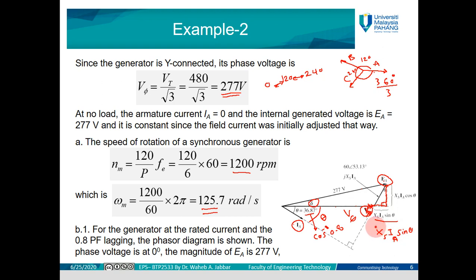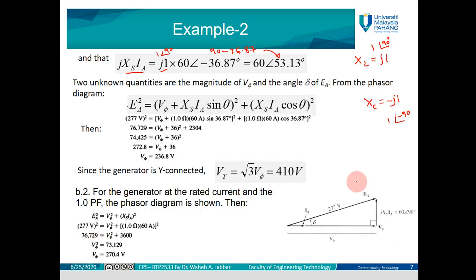So just by applying this Pythagoras law, we get this equation.